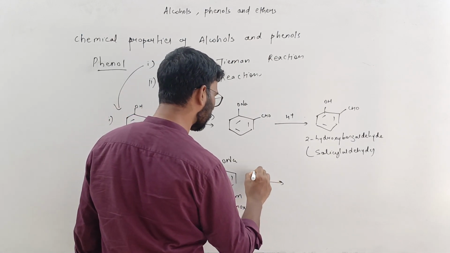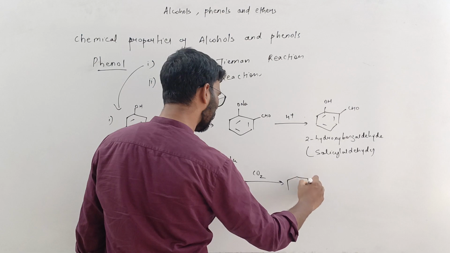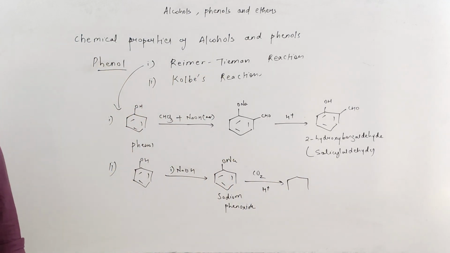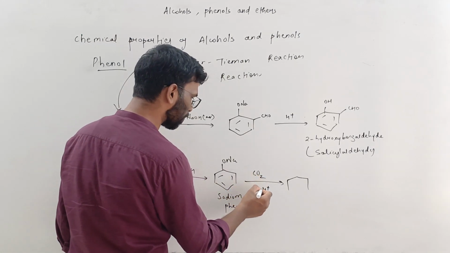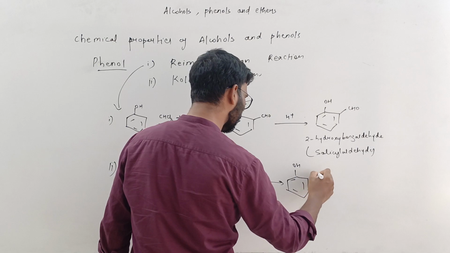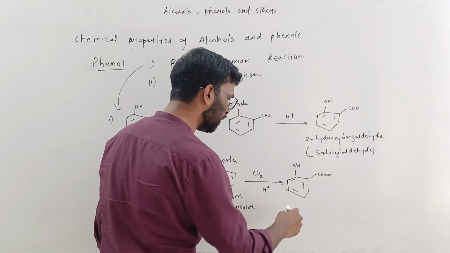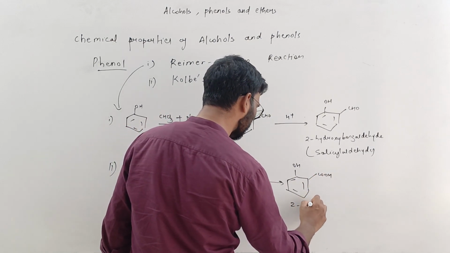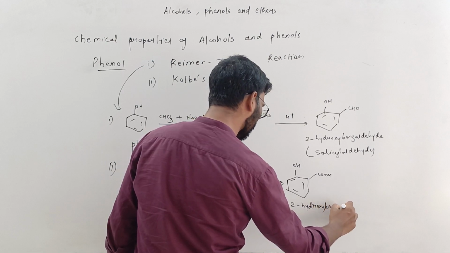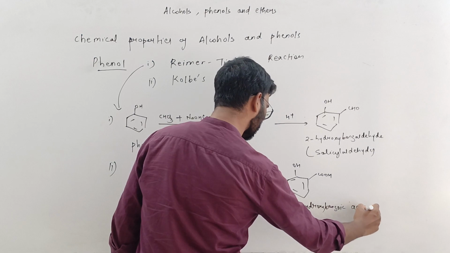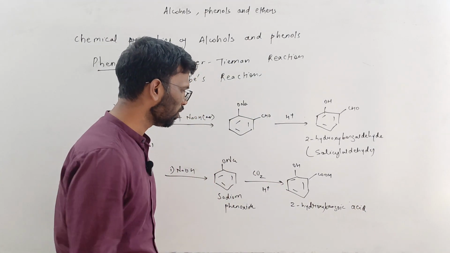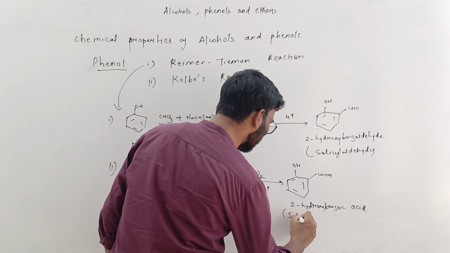And further reaction with carbon dioxide and acid. Acid is important: carbon dioxide and acid. What you get is OH and COOH. The name of this is 2-hydroxybenzoic acid, also known as salicylic acid.